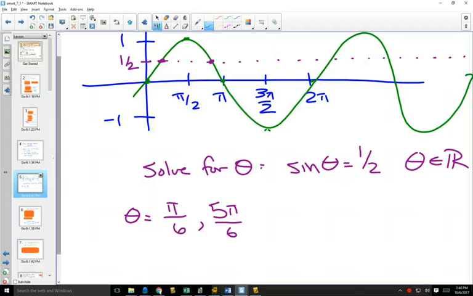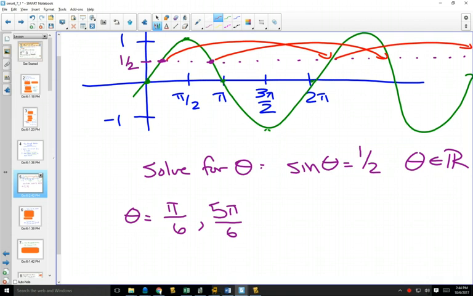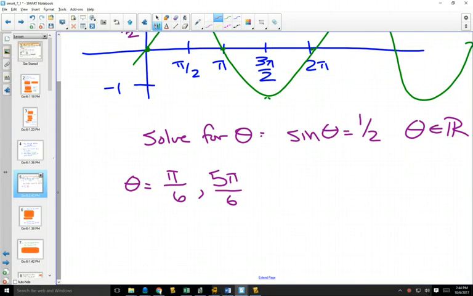But if we would hop by 2 pi's, can you see if I hop from this one by 2 pi, I'll get to there. And if I hop by 2 pi on this one, I'll get to this one. And if I keep hopping, you'll keep hitting more points that line intersects. So the way that we would write our final answer is theta is equal to, we would take both of these answers, pi over 6 and 5 pi over 6, and we would add 2k pi.